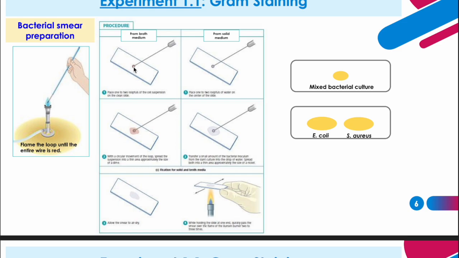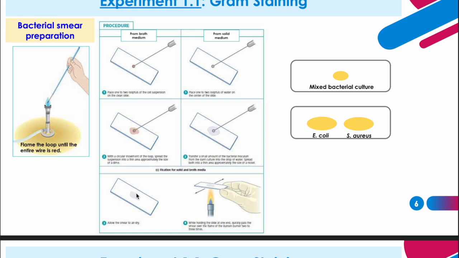Touch it one or two times on the glass slide, then smear it in a circular motion. Spread the suspension into a thin area, approximately like a 1 baht coin. Then allow the smear to air dry, which takes maybe 10 minutes or more.